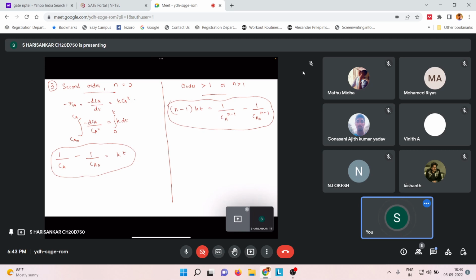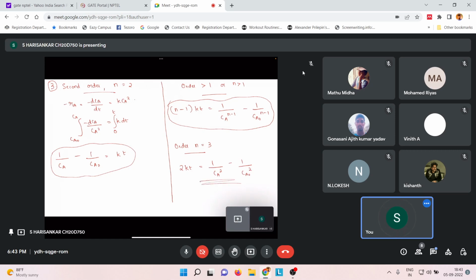Okay, so let's say if we want to find the reaction rate with order n is equal to 3, we can apply this formula here. So n minus 1, so that is 3 minus 1, 2 kt will be 1 by Ca raised to n minus 1, which will be Ca square, minus 1 by Ca0 raised to n minus 1, or Ca0 raised to 2, Ca0 square.